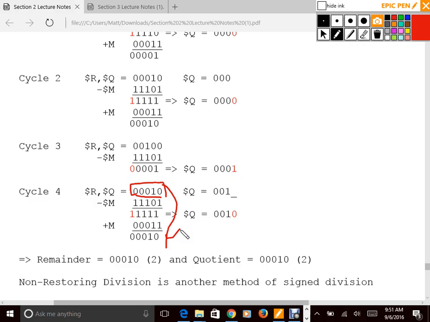The negation of the most significant bit becomes the least significant bit of the quotient. So we have 0, 0, 1, 0. We have our correct solution for the quotient now, right? But we still have 1, 1, 1, 1, 1. We restore because it begins with a 1 here. And therefore, we added, went back to 0, 0, 0, 1, 0. And therefore, we now have our remainder is 2. So therefore, our quotient is 2, and our remainder is 2.